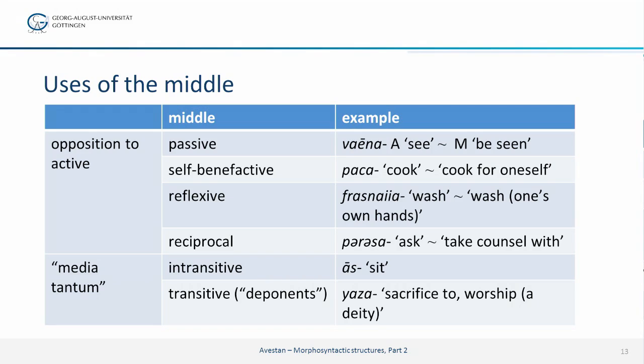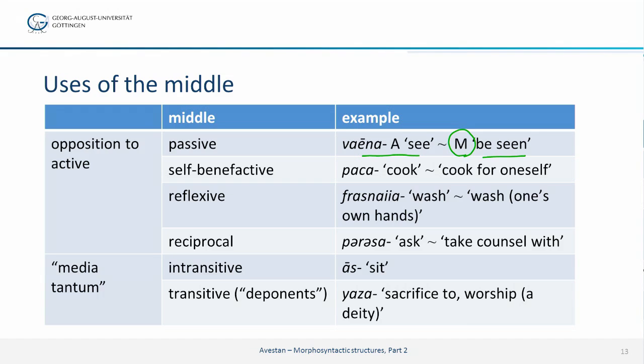Typical oppositions of that sort include the one between a transitive verb in active inflection, like vaēna, to see, which with middle inflection, here indicated by M, turns into a passive, to be seen.